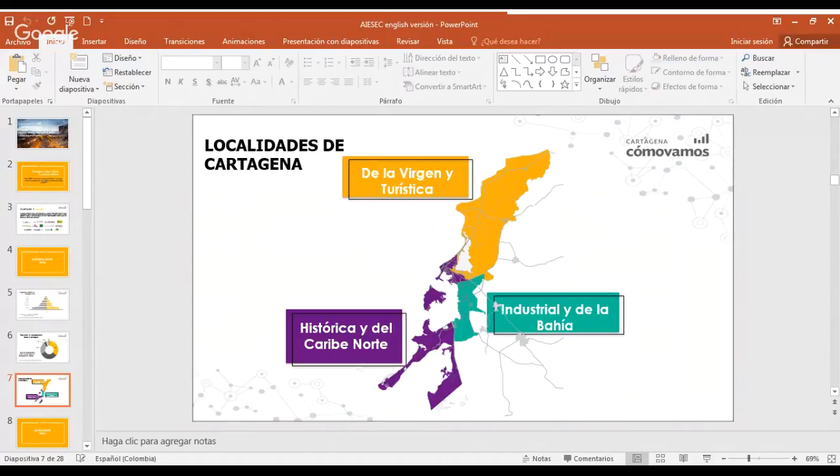Okay, perfect. As I was telling you, the first one, Histórica y del Caribe, is located in the north of the city of Cartagena, is the center of tourism, and has the park area of the city.